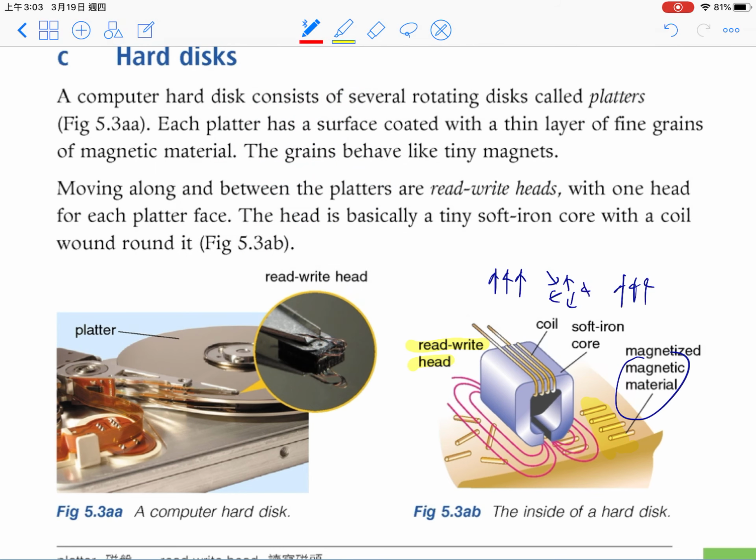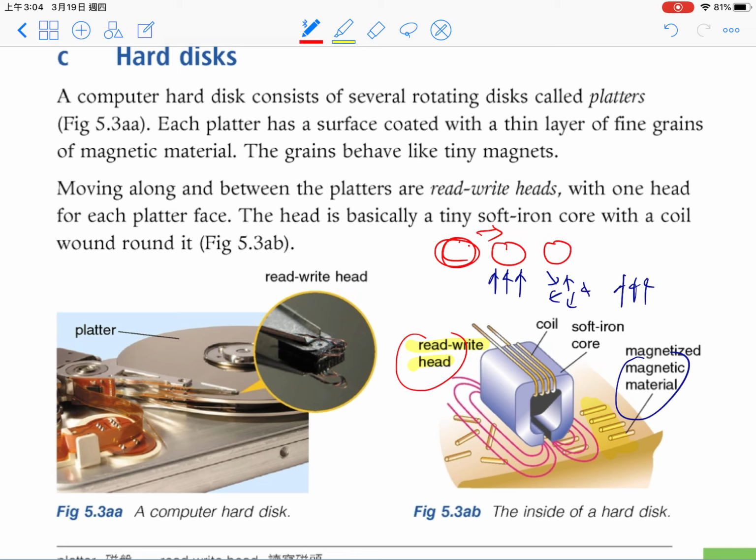For the reading process, we move the coil, that means move this head, maybe from left to right, so you can read the signal in the hard disk. Now, if the coil moves in this direction, we find magnetic field passing through the coil, so there will be an induced EMF.